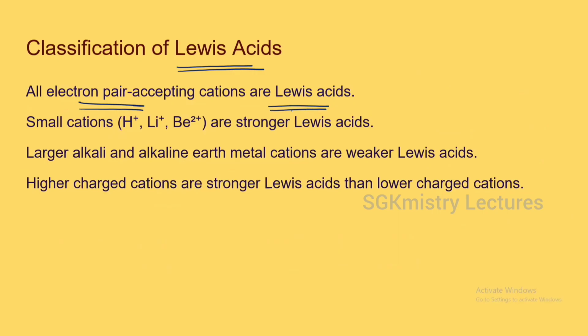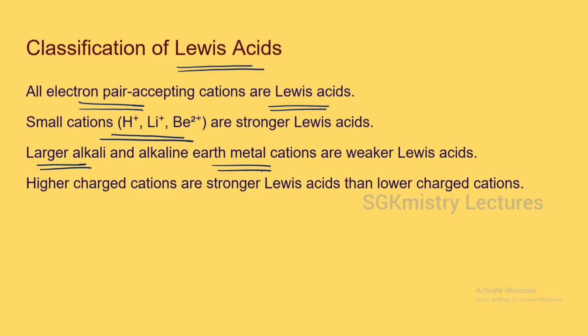When we are talking about examples, the small cations like H plus, Li plus, Be2 plus are very strong Lewis acids, mainly because of their high tendency to accept electrons, and they form stronger bonds. When I'm talking about the larger cations, such as the alkali as well as the alkaline earth metal cations, they behave as weaker Lewis acids, mainly because of their lesser tendency to accept electrons.